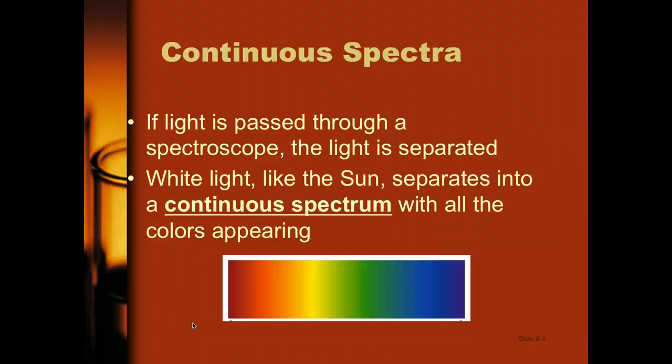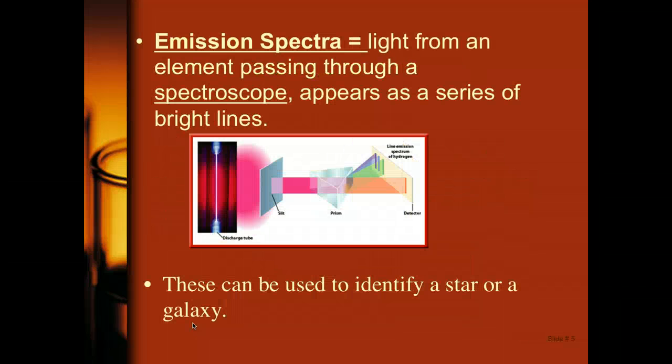Where we want to get from this is that visible light occurs in a continuous spectrum, where the colors blend one into the other. Emission spectra is a unique test that is able to be done because light from an element that's passing through a spectroscope appears as a series of bright lines.